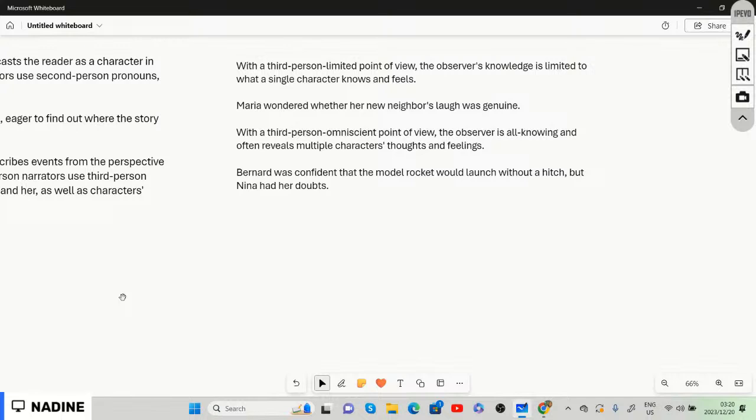Another example is: Bernard was confident that the model rocket would launch without a hitch, but Nina had her doubts. As you can see with both examples, they mentioned Maria and they mentioned Bernard or Nina, because in third person, you can either use the pronouns or you can call the character by name.